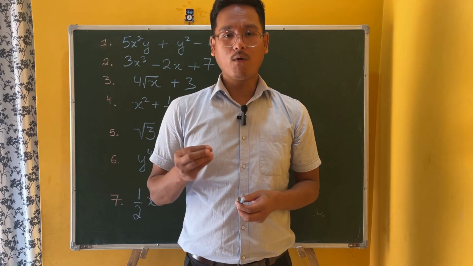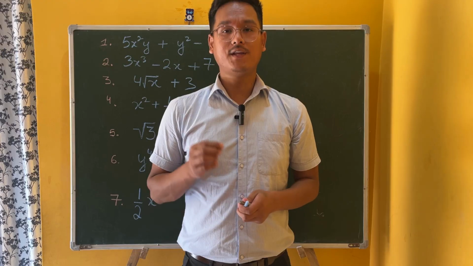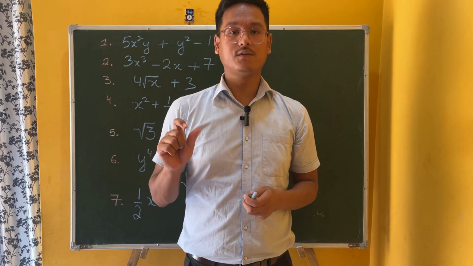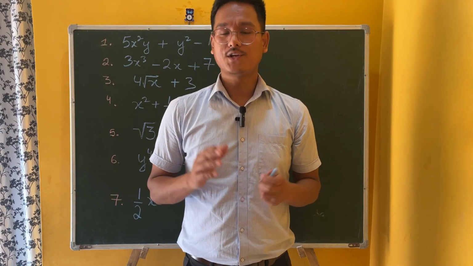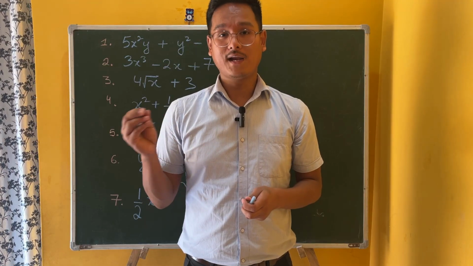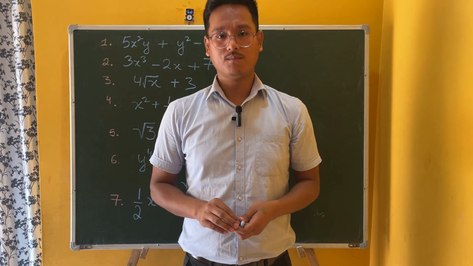And the important thing about a polynomial is that the degree of the variable, meaning the power or the exponent of the variable, is a whole number. Generally, it is written as the power is a non-negative integer, which is also known as a whole number.